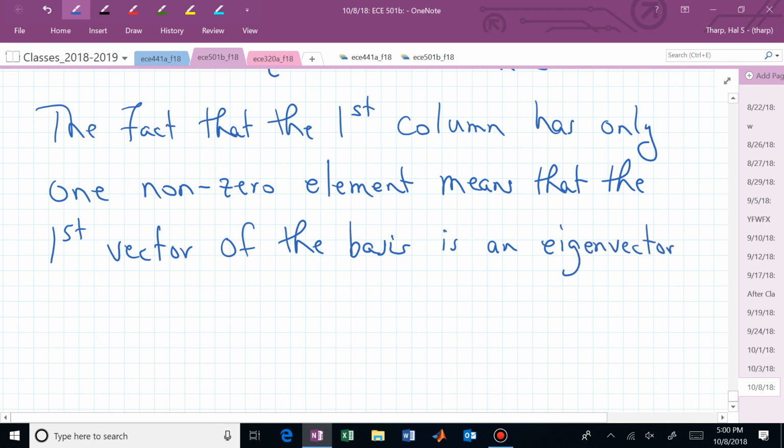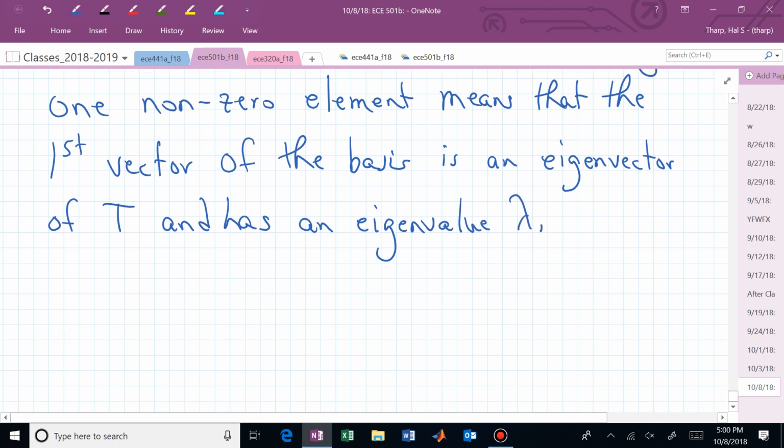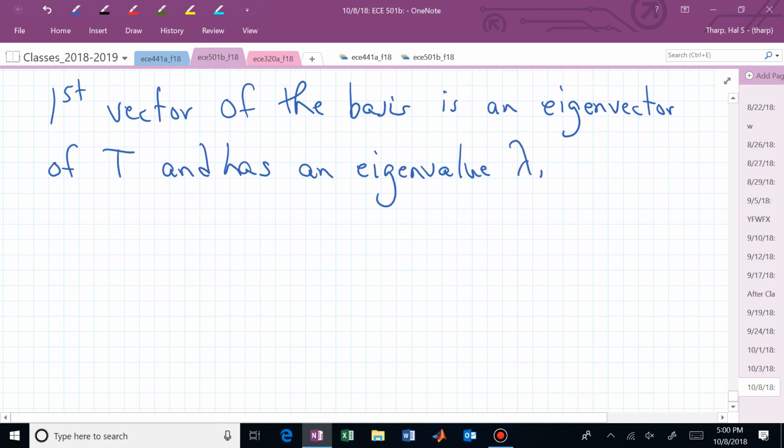And you know what it looks like. It's 1 with zeros below it. So we have an eigenvector of T, and it has an eigenvalue lambda 1 based on how I defined my matrix representation, which I said lambda 1, lambda 2, lambda sub n.